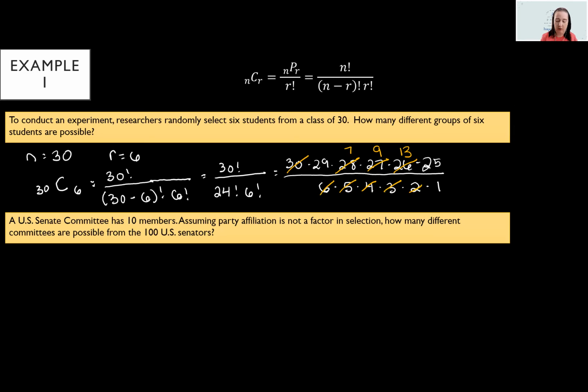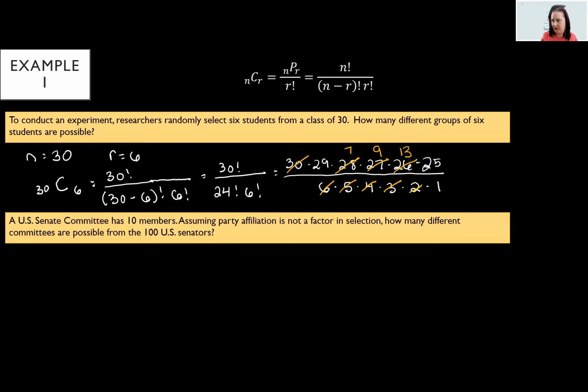Sometimes it's helpful to start canceling things out. For example, on my calculator, if I do 30 factorial, it starts giving me scientific notation. It's just too big for my calculator to do. So that's why I want to simplify these things first.